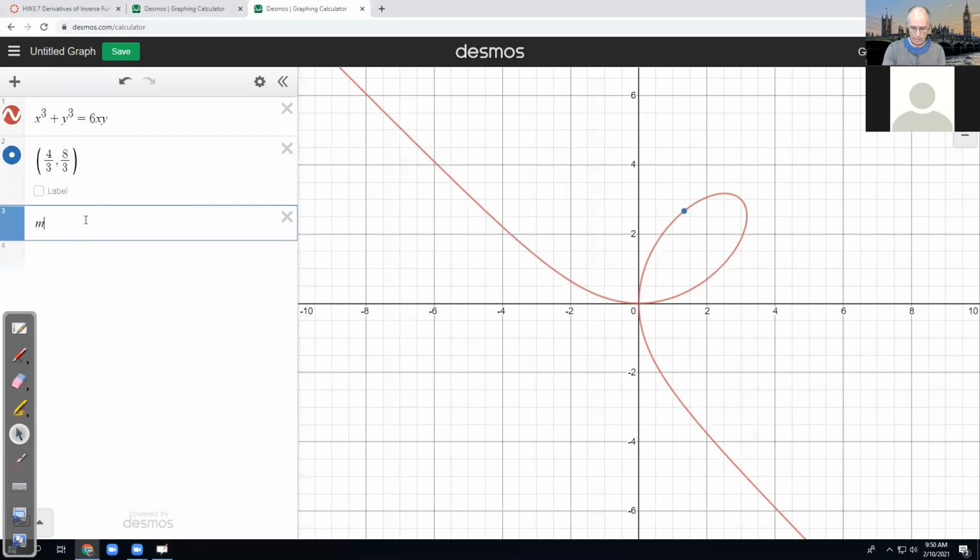So I think m is a fraction, and it's going to be 2 times the y value, 8/3, plus the x value, 4/3, squared, divided by the y value squared, so 8/3 squared, minus twice the x value.